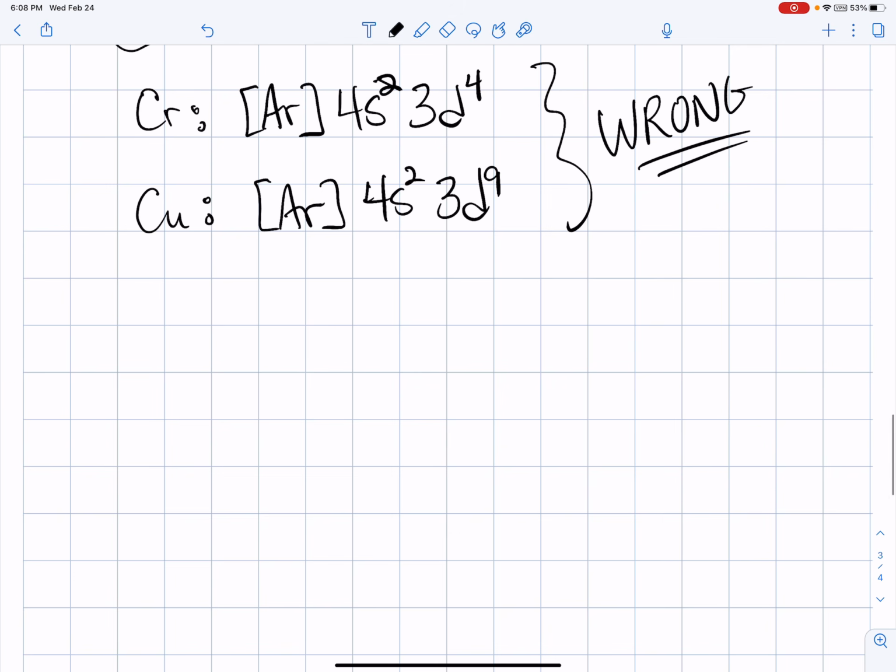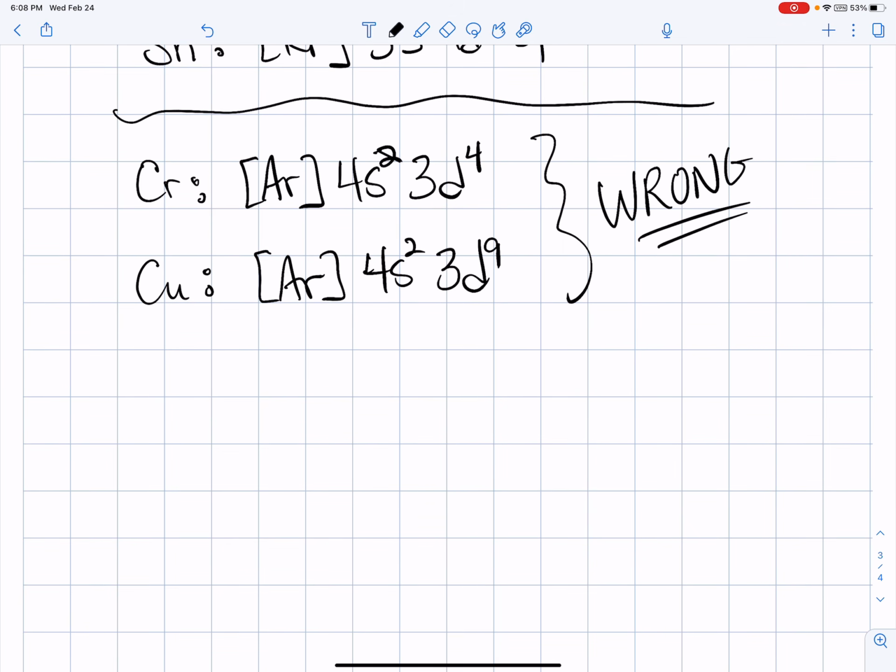The 4s sublevel looks like it should have 2 electrons for both of them. Well, if you recall that energy level staircase that we talked about, you remember that the steps get closer and closer together. So n equals 1, n equals 2, n equals 3, the steps are getting closer together. Because of that, some weird things can happen.